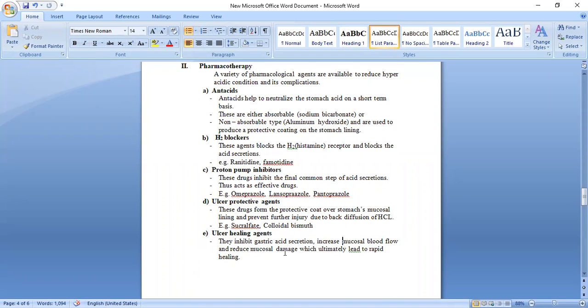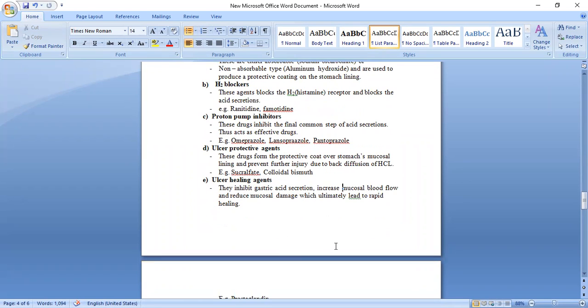Okay, now see the next one, that is the ulcer healing agent. Meaning what? They inhibit the gastric secretion. Here they inhibit the gastric secretions, increase the mucosal blood flow, and reduce the mucosal damage, which ultimately leads to rapid healing.